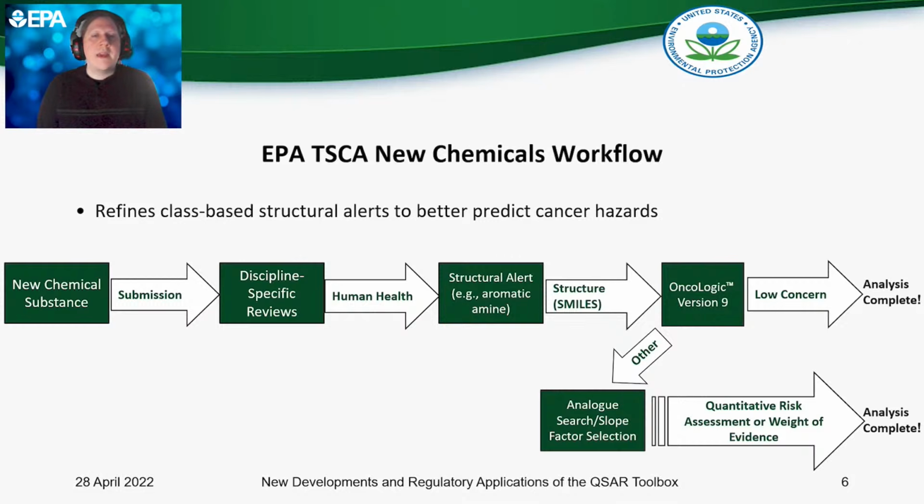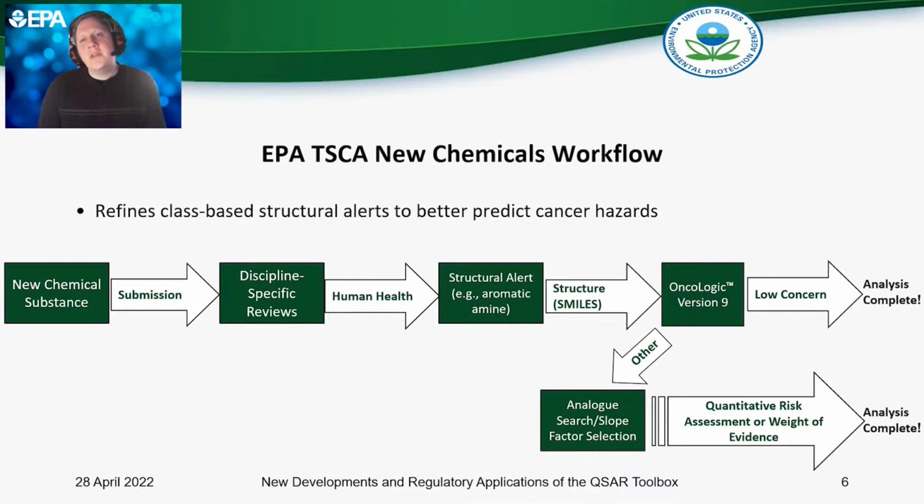In the human health team, we might flag the new chemical substance for a structural alert, like if it's an aromatic amine. We know some aromatic amines cause cancer, but not all do. So the purpose of Oncologic is really to determine not whether aromatic amines generally have cancer concerns, but whether the new chemical substance specifically has cancer concerns.